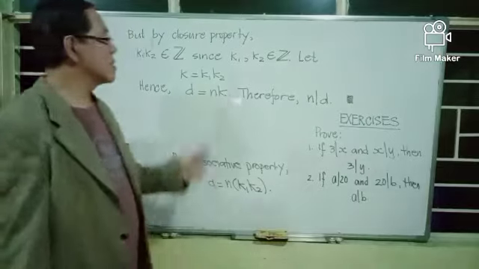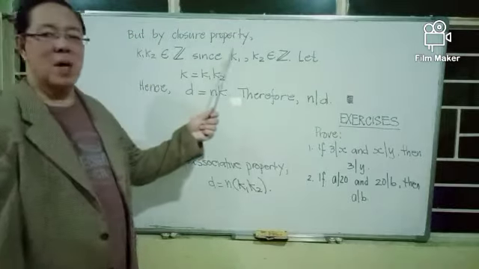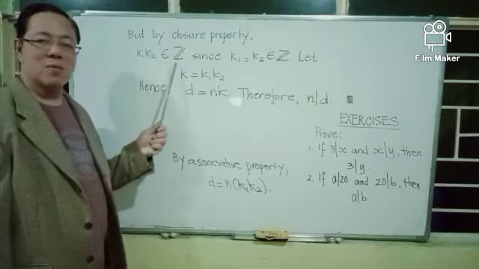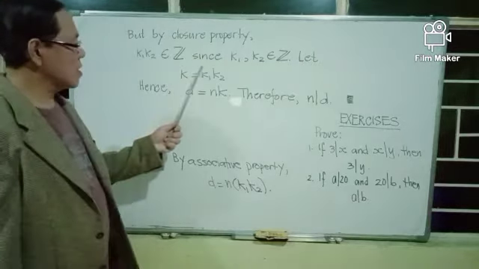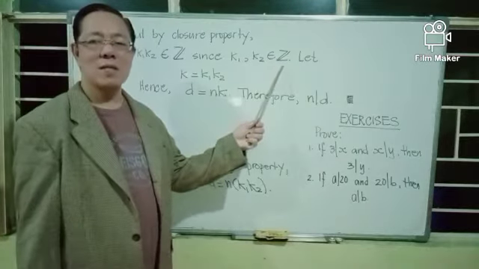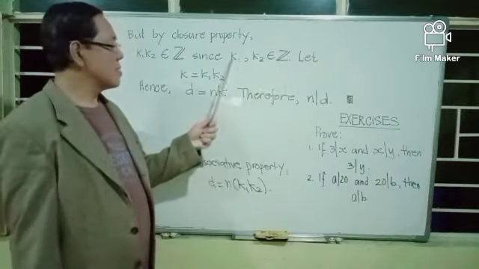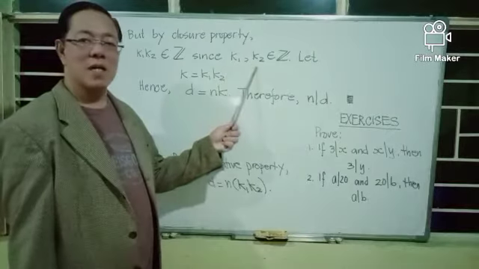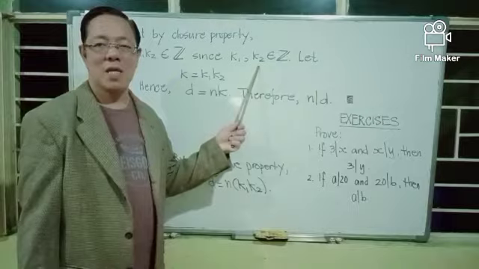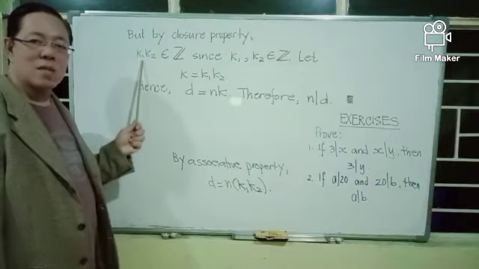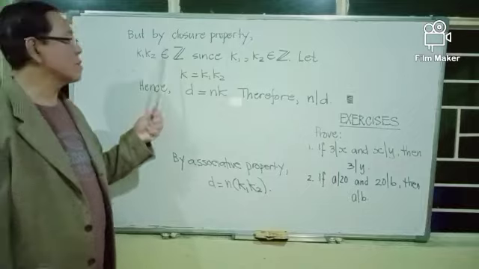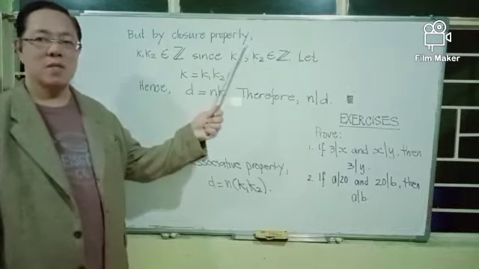And we write, by closure property, k1 times k2 is an element of Z, since k1 and k2 are elements of Z.